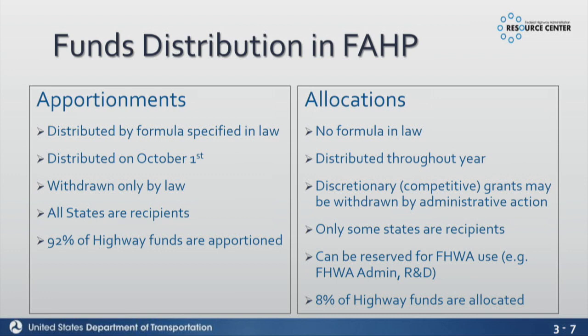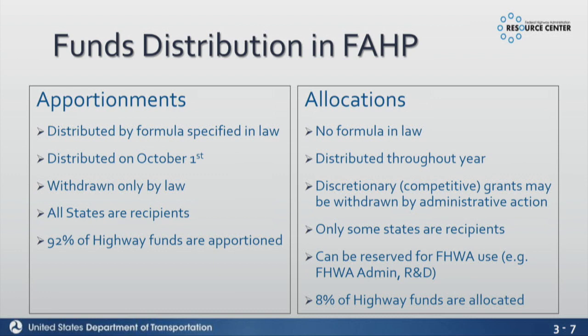This might be a Kahoot question. So does everybody understand? Apportioned is by formula. It's already established in law. Allocated is discretionary. It's based on what your program is. We're going to talk about it later, but if you go to that federal share handout in the back of your book, it actually gives every single formula, then the formula set-asides are in blue, and then all these bright ones are the allocated programs.